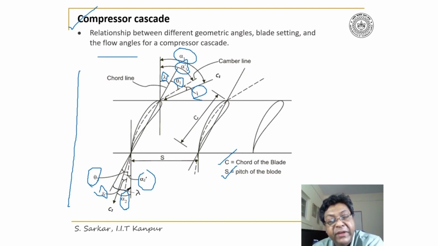To summarize, I have indicated here lambda, which is the stagger, the angle between the chord line and the axial direction. Theta 1 and theta 2, alpha 1 dash and alpha 2 dash, angle of incidence and also angle of deviation, del, and then alpha 1 and alpha 2, along with the chord. This is the chord that you know, and this is the pitch.